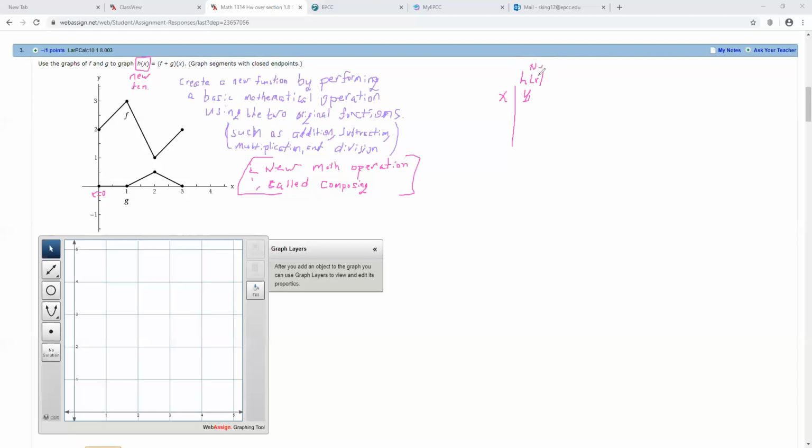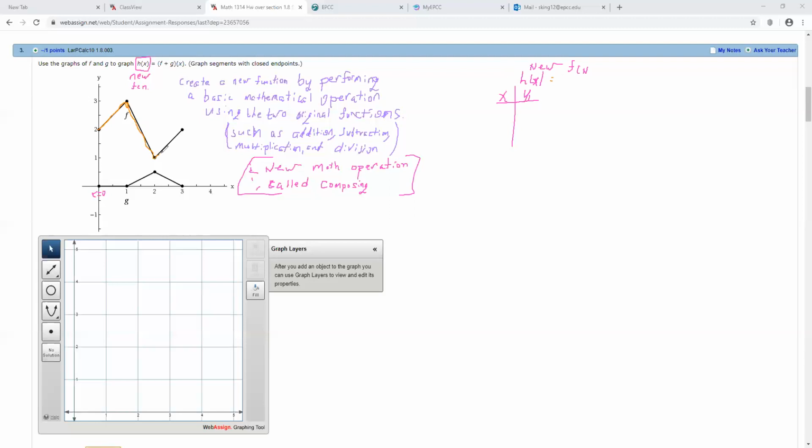And so the new function. And so this is supposed to be an x right here. And so remember that h of x equals f of x, and let's just, oops.